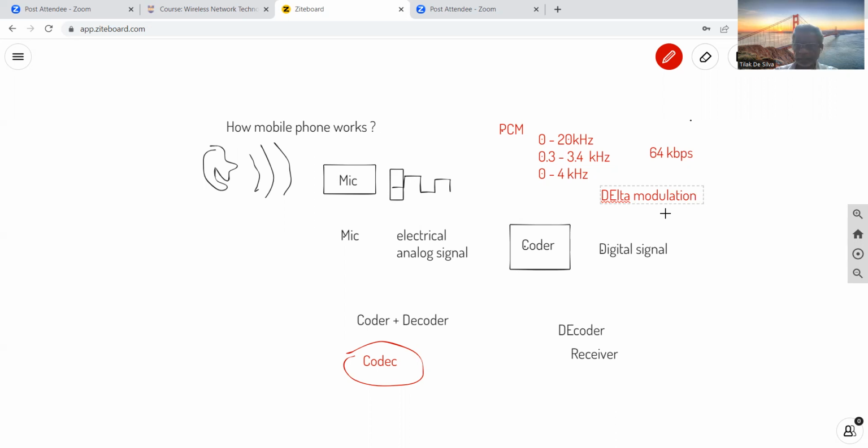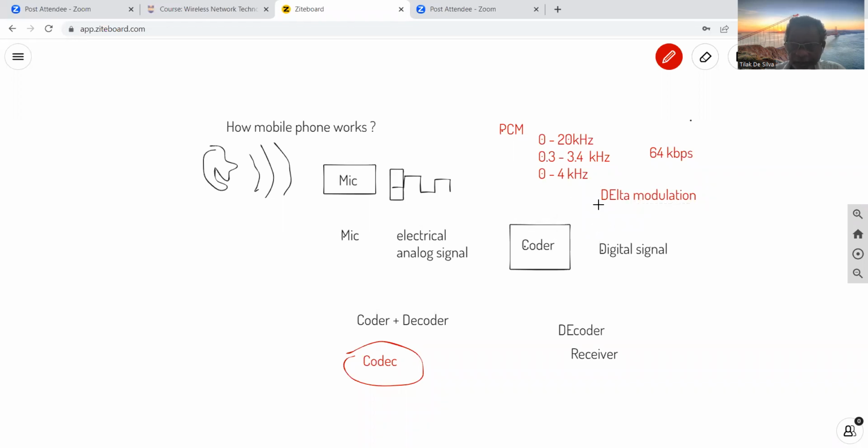There are some other methods with low bit rates, 16 kilobit per second, 8 kilobit per second, like that also.